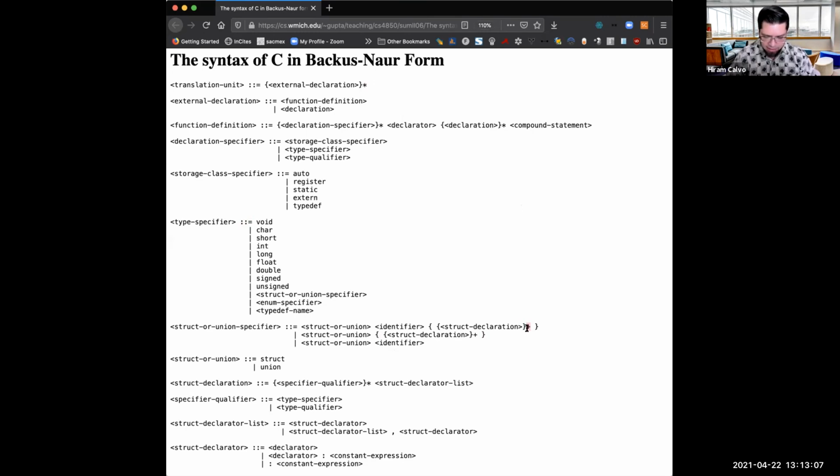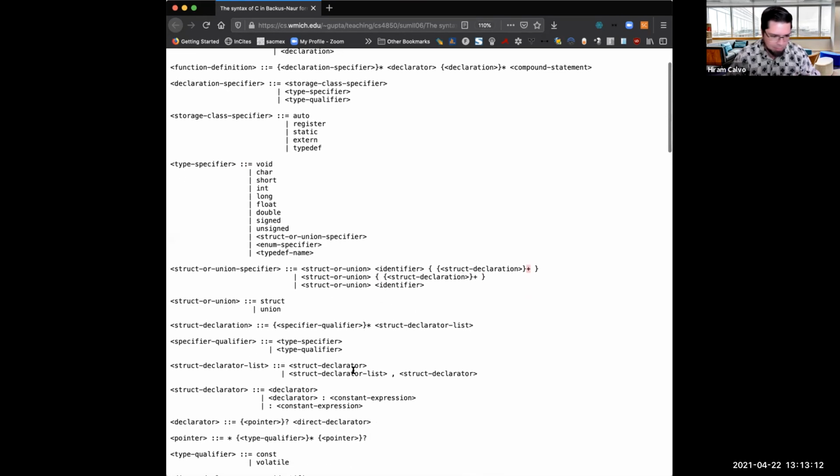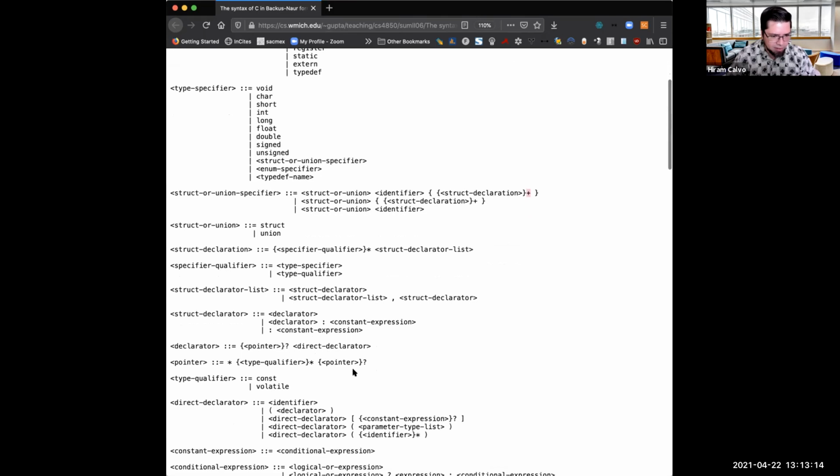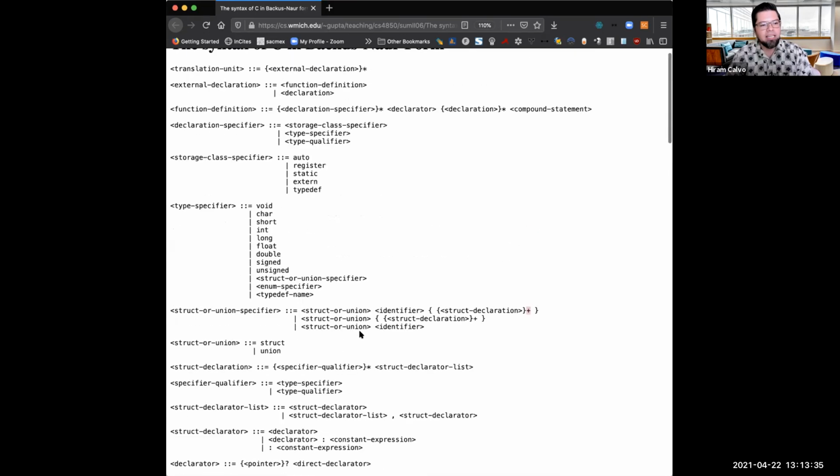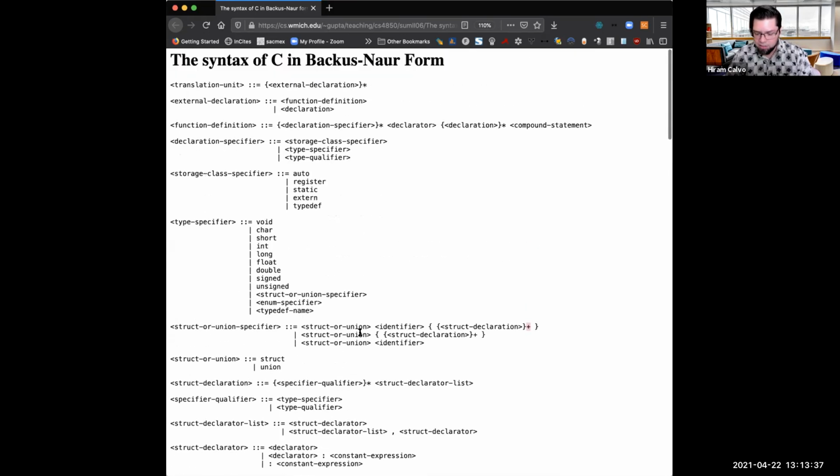We can keep reading this, but what I just want to point out is that Backus-Naur form is, or was, I think still is, a popular way of defining languages. So whenever I ask you, please define a new language that processes XYZ, what one is expecting is to see this kind of definition.